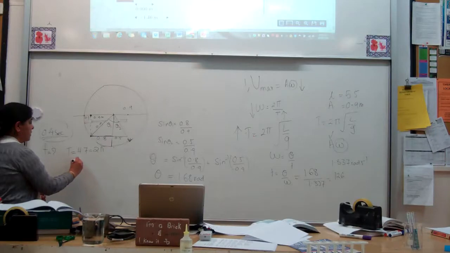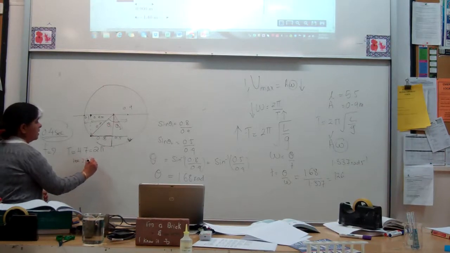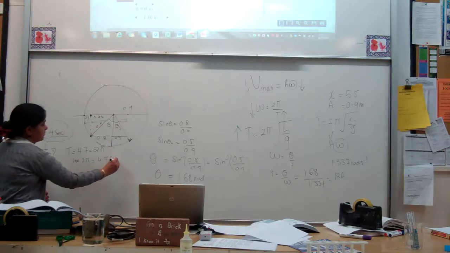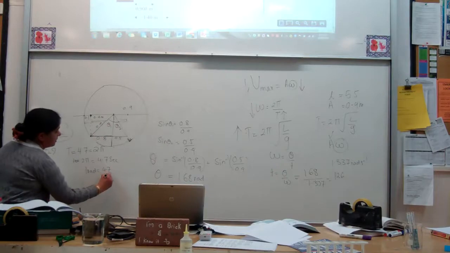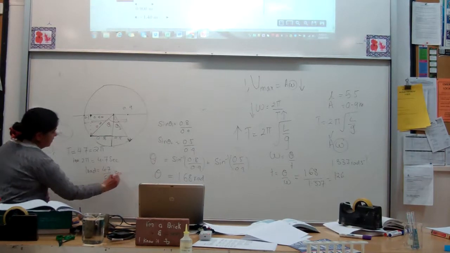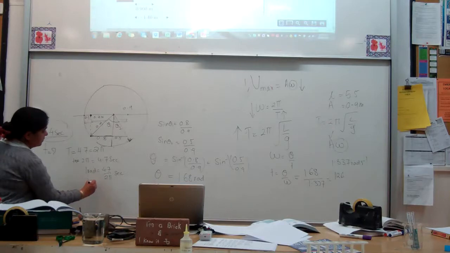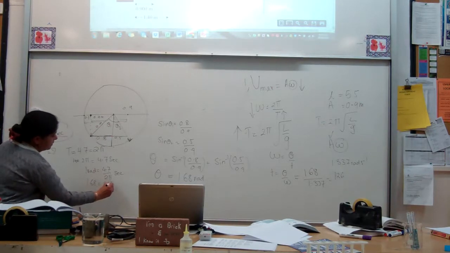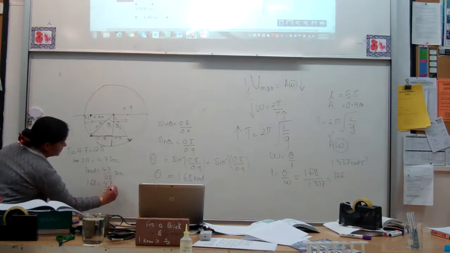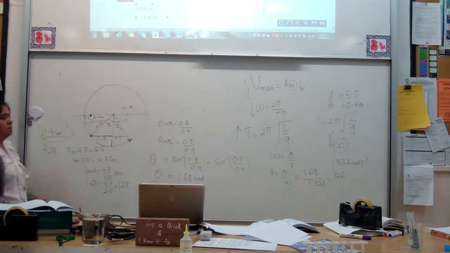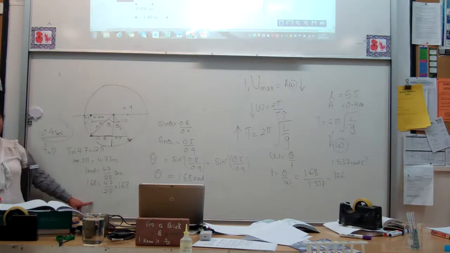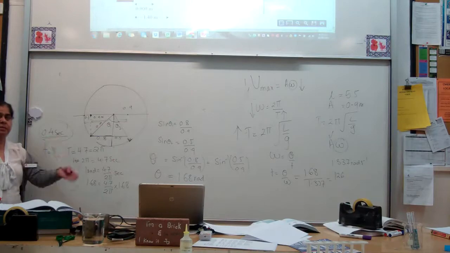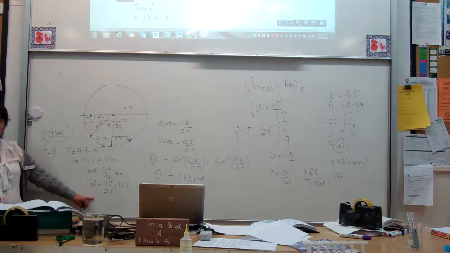So how much is 1 radian? 2 pi radians are covered in 4.7 seconds, so 1 radian will be covered in 4.7 divided by 2 pi seconds, and 1.68 radians will be covered in 4.7 divided by 2 pi times 1.68. Either way, you get the same answer. That's the easier way, that's the slightly more difficult way, but it's better to have an understanding of both. Do you get how I get this?